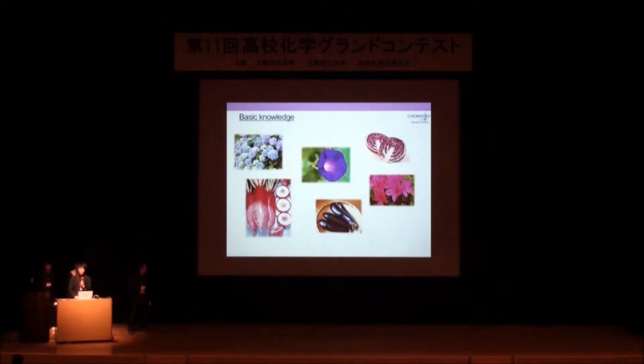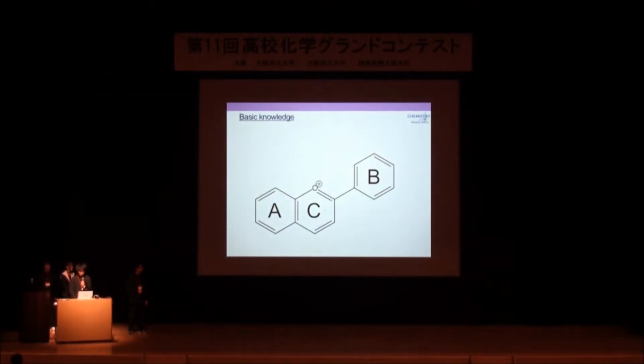I will explain basic knowledge about anthocyanin. Anthocyanin is pigment contained in various plants, such as yellow plant skin or red cabbage. Anthocyanin has a chromophore called anthocyanidin. This is basic structure of anthocyanidin. Anthocyanidin is determined by numbers and kinds of functional groups combining with it.